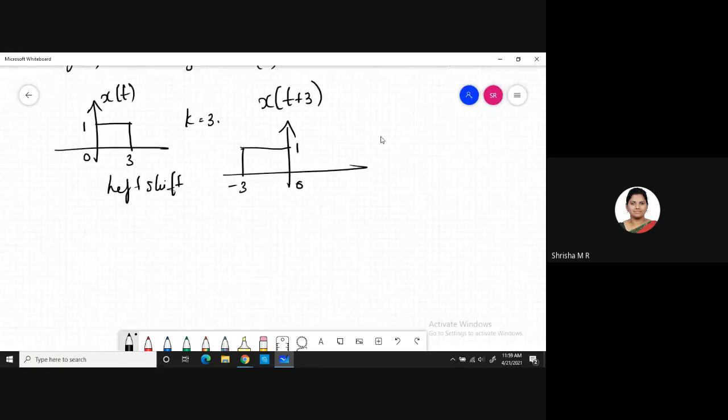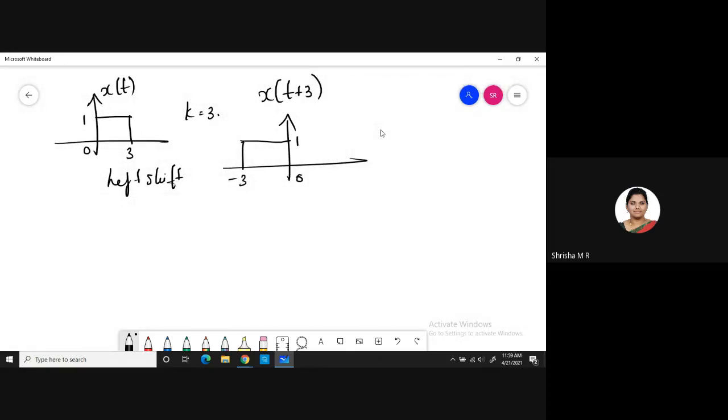Okay. So next I'll give you x of t minus 6. This is your x of t. With respect to that, where will the signal start in x of t minus 6? No, here k is negative, right?